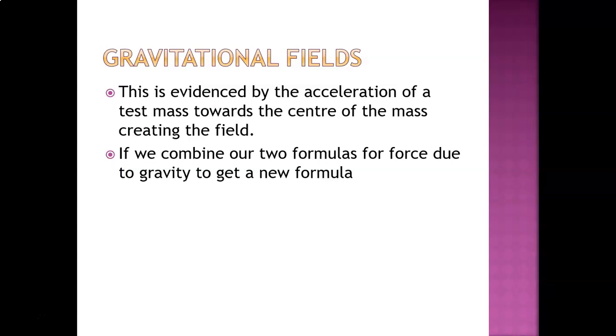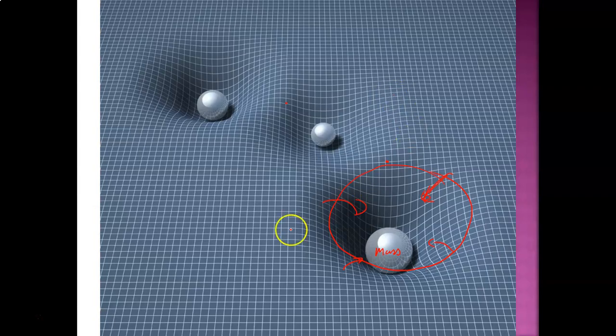So this is actually evidenced by the acceleration of that test mass towards this object, right? The further we are away, the less this is going to be pulled towards here than if it were right here. It has more influence here than here, more acceleration here than here.